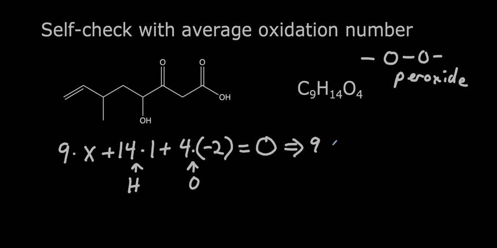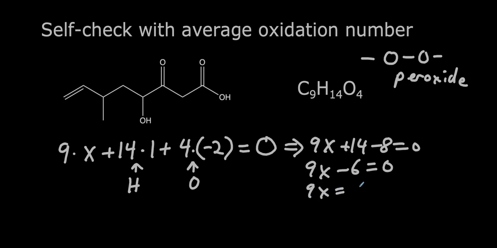So it's 9x plus 14 minus 2 is equal to 0. So 9x plus 12 is equal to 0. And 9x is equal to -12. And we can solve this by dividing both sides by 9. We get x is equal to -12/9, which is equal to -4/3.